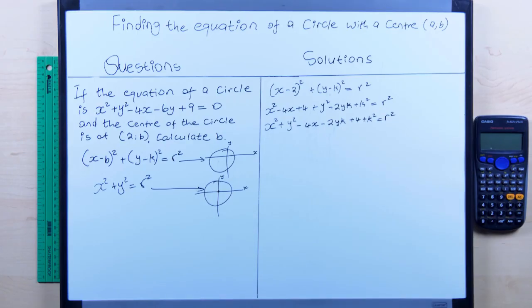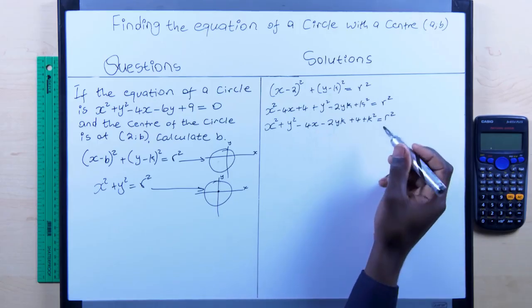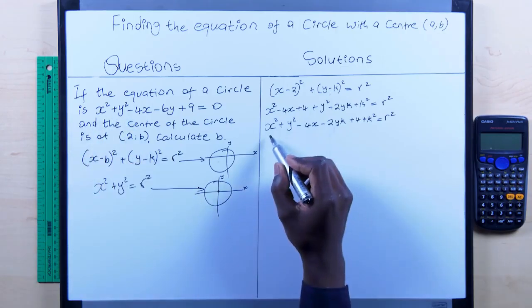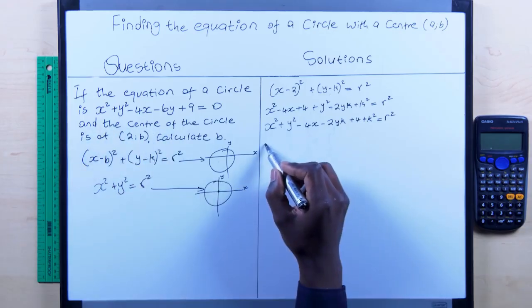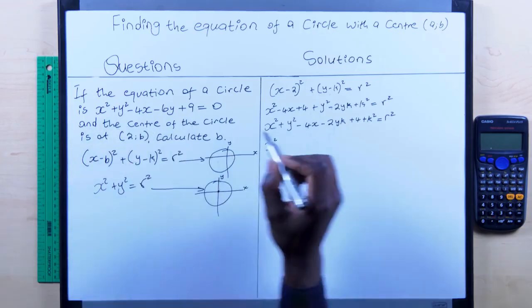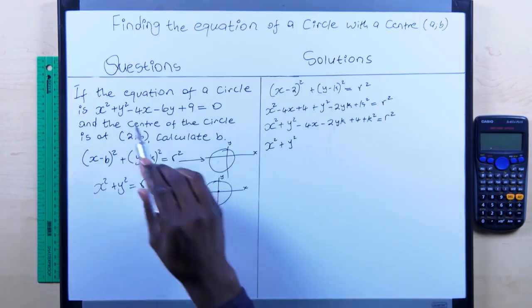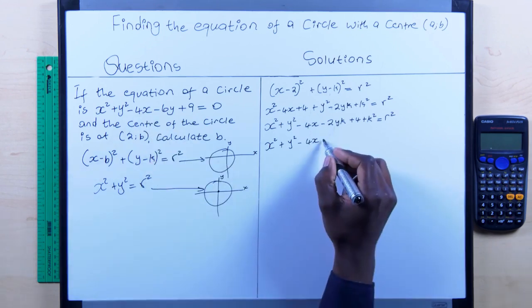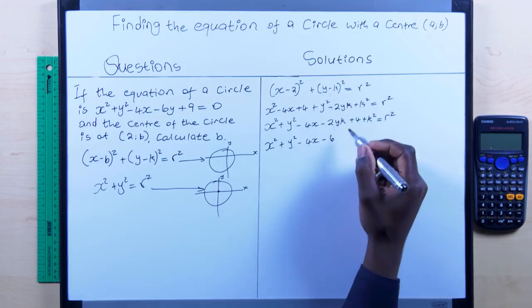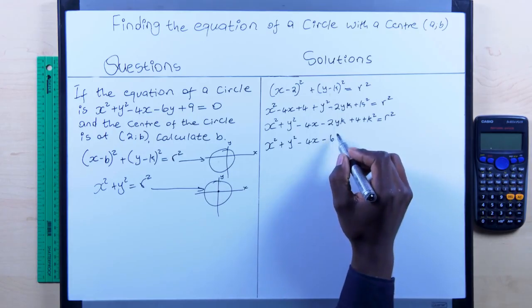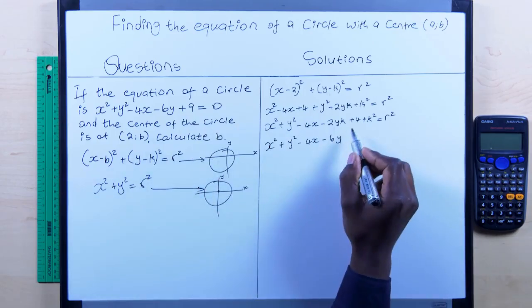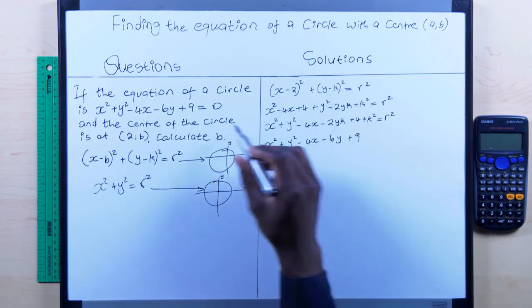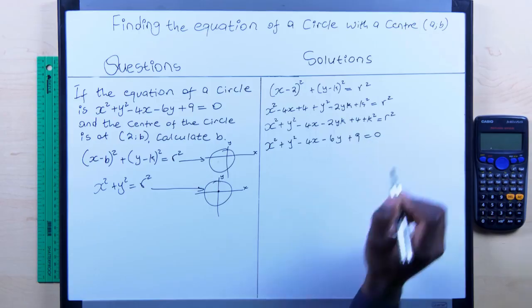Once you've got to this stage, what you then need to understand is the following. You need now to come back to what you were given, then you compare them. So you're going to rewrite this equation now: x squared plus y squared minus 4x minus 6y plus 9, equal to 0.